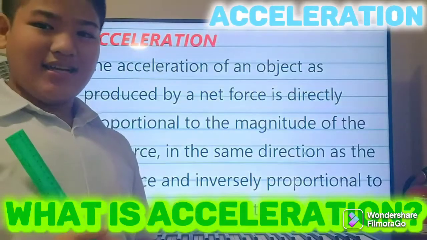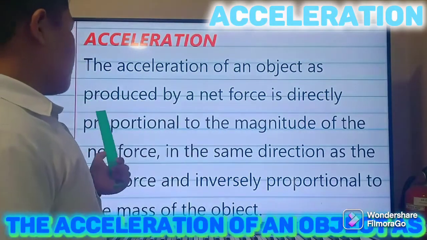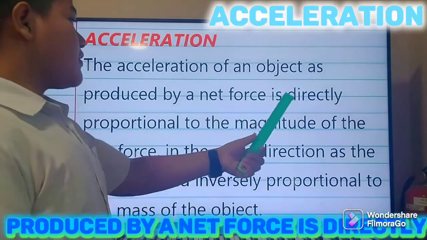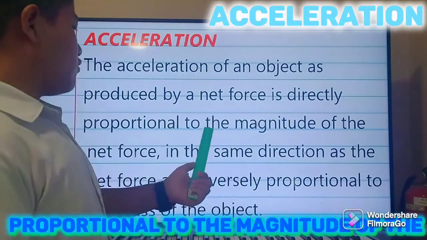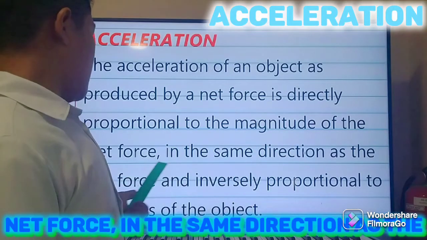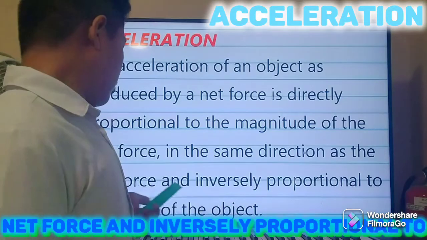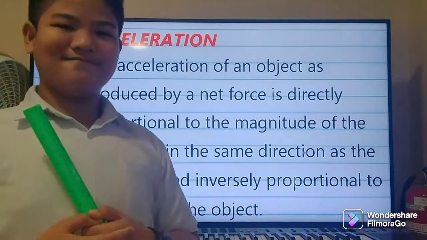Acceleration. What is acceleration? The acceleration of an object as produced by a net force is directly proportional to the magnitude of the net force, in the same direction as the net force, and inversely proportional to the mass of the object.